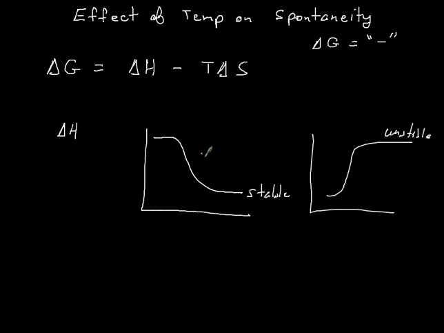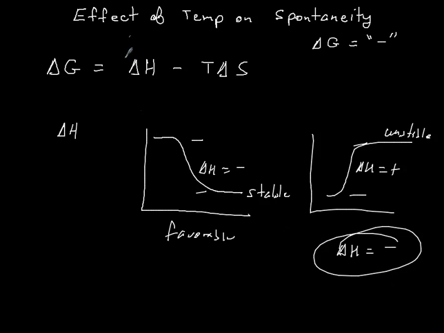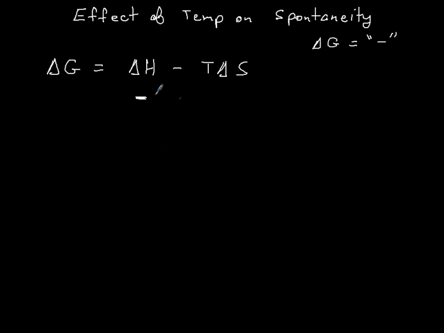So if we have a delta H that's negative, that's favorable, and if we have a delta H that's positive, that's not favorable. That's a good thing. That's what we want.